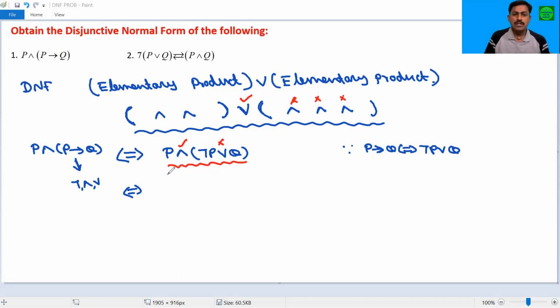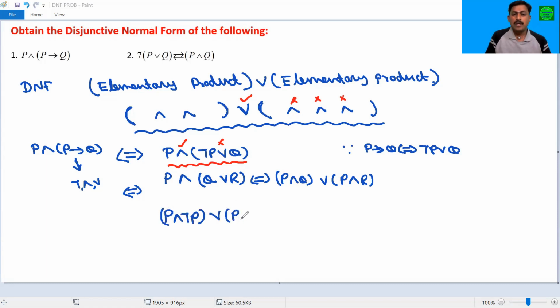Now I'm going to consider this as our P, this as our Q, and this as our R. Then P and (Q or R) is equivalent to (P and Q) or (P and R), which is our distributive law. If you apply this here, we get the next step as (P and not P) or (P and Q).